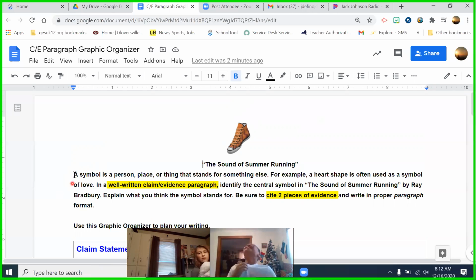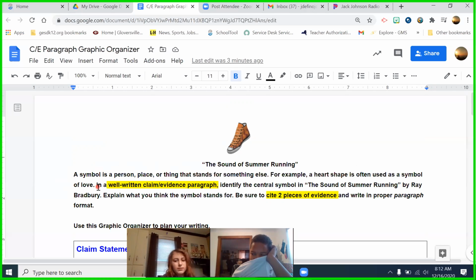All right, so the directions say, I will read it again, and I'm right here. A symbol is a person, place, or a thing that stands for something else. For example, a heart shape is often used as a symbol of love. Is that telling me what to do? No. Is that giving me information that I might need? Maybe. It's giving me the definition and an example of a symbol.